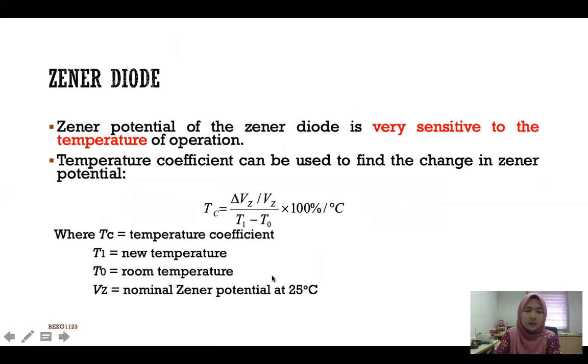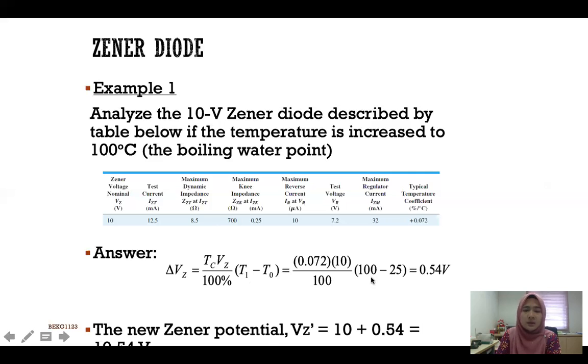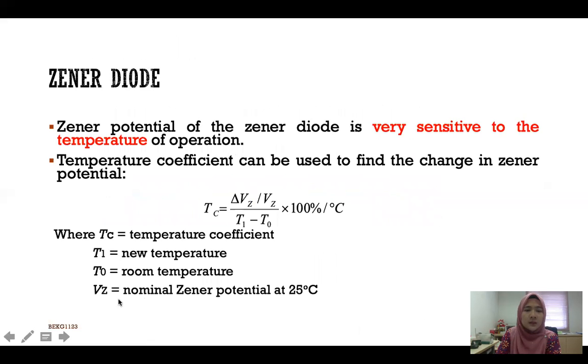T0, if you look at here, T0 is the room temperature. We assume it as 25 degrees. Okay, why 25 degrees? Because Vz over here is the nominal Zener potential at 25 degrees. So we assume the room temperature is 25 degrees.